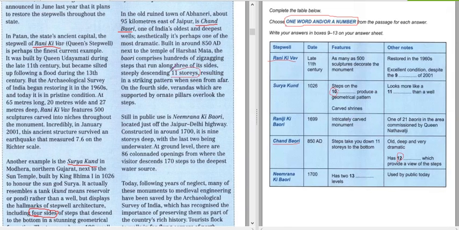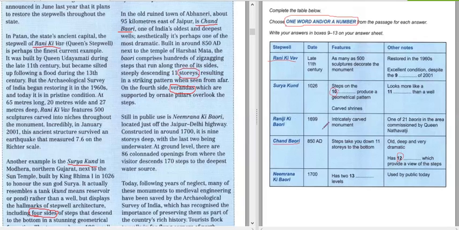I did not write 11 also because I was confused whether to write one word or not. Oh, okay. But the answer is incorrect. It is verandas. The answer is veranda, in the next to next line. On the fourth side, verandas which are supported by pillars. So you wrote stories only. Yes, I wrote stories only.